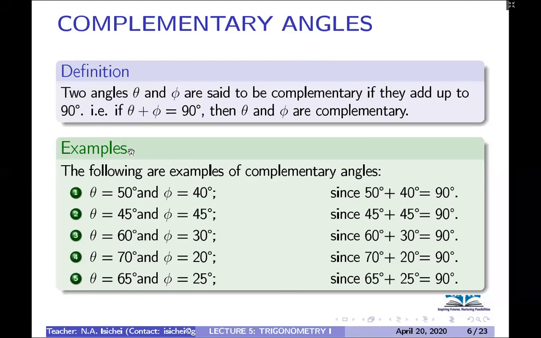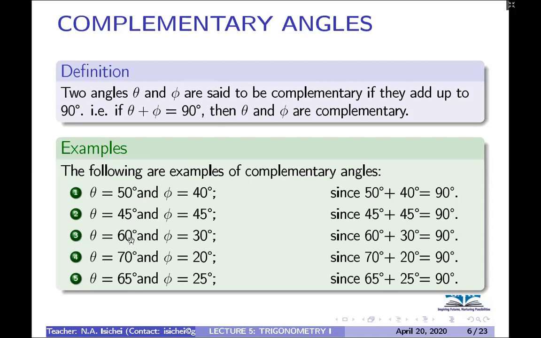Here are some examples of complementary angles. If theta is 50 degrees and phi is 40 degrees, then theta and phi are said to be complementary. Why? Since their sum is equal to 90 degrees. When theta is 45 and phi is 45, these two are complementary since they sum up to 90 degrees.